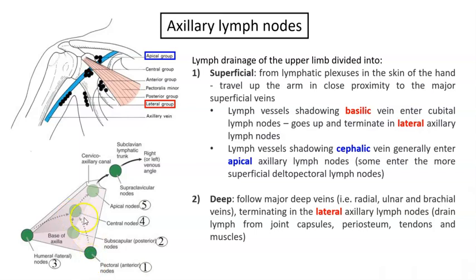So this is the route, from humeral lateral nodes, pectoral anterior nodes, and it goes straight to central and goes upward to apical and supraclavicular nodes. That's how the lymph is being drained.